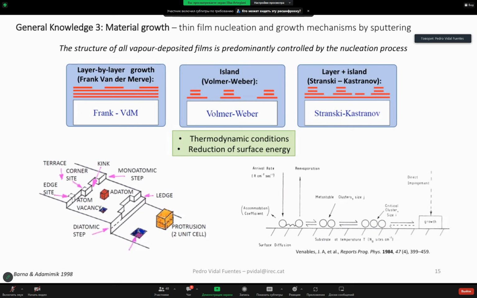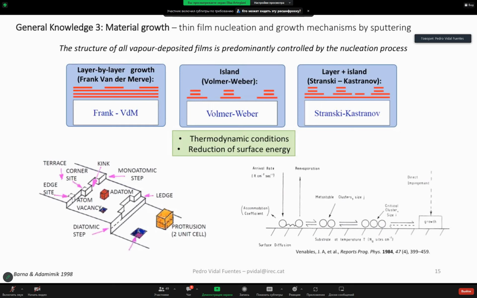Depending on their energy and velocity, when they hit the substrate, they can be re-evaporated. You can see it in the bottom right part of the slide. They can create metastable clusters, coalesce together to form bigger clusters, and directly get attached to the film. But this, as I said before, will be defined by the thermodynamical conditions.